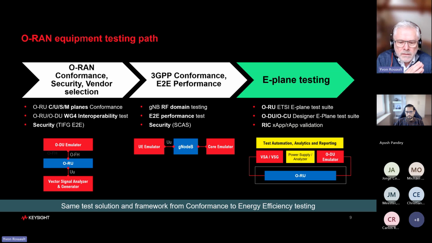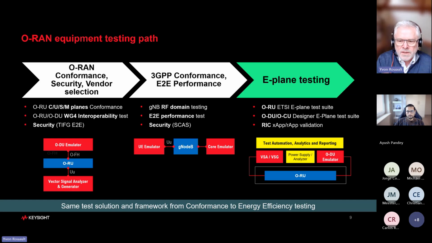I'm thinking about the I14Y lab in Germany or Digital Catapult in the UK, and there are also other SIs in Europe. I don't want to give the names here, but they are also equipped, or they want to go into that activity of performance, conformance, and energy efficiency testing.